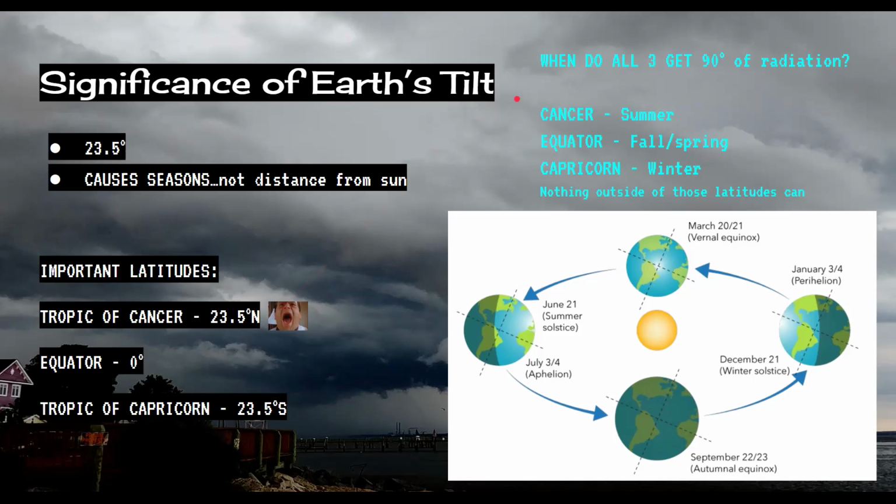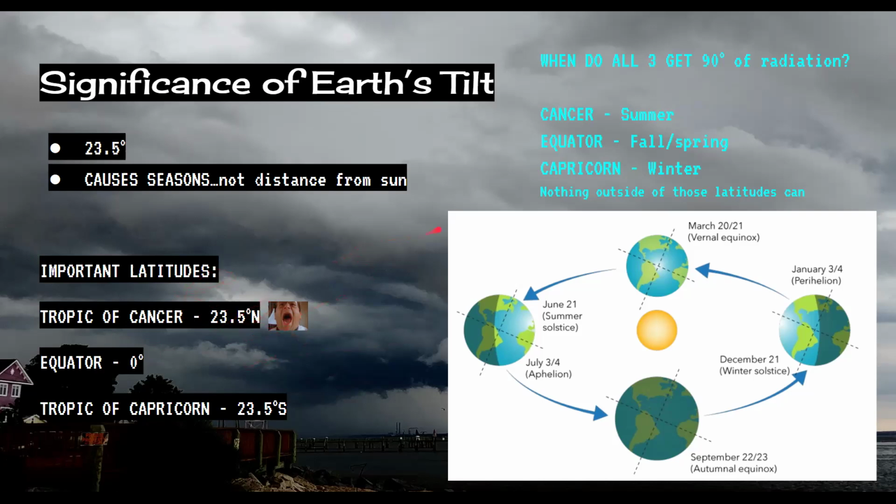When do all three places get 90-degree radiation? The Tropic of Cancer gets it in the summer, specifically at the summer solstice, right on that day, which is June 21st, roughly. Now that makes sense, right? Because in the Northern Hemisphere, the summer solstice on June 21st is summer for us, in the north. So it makes sense that the north is where it gets the direct sunlight in the summer.